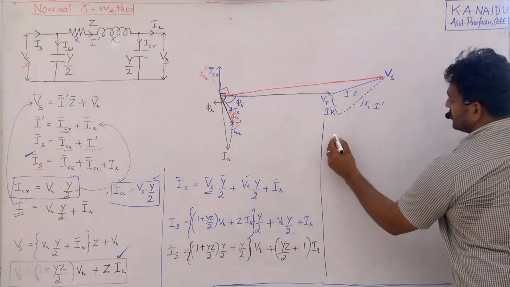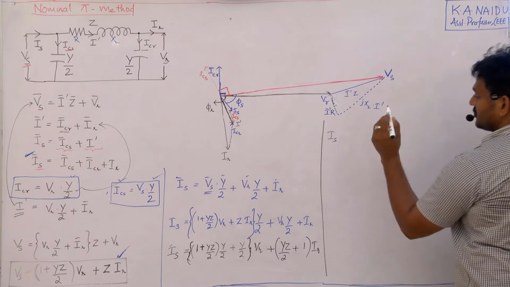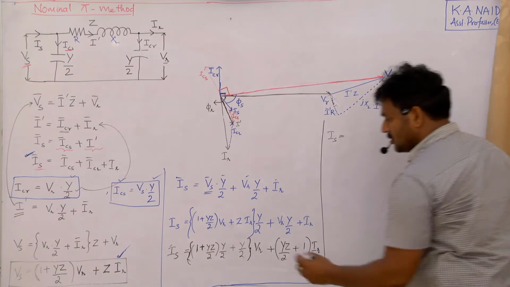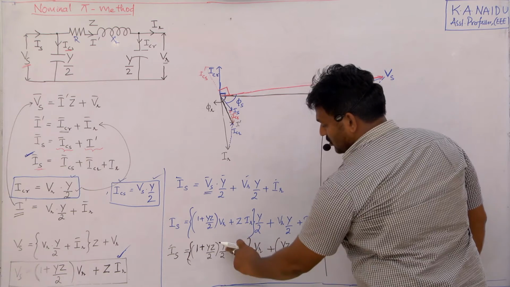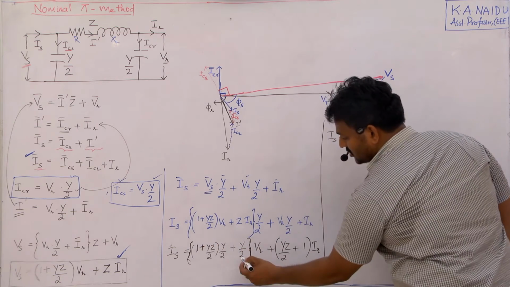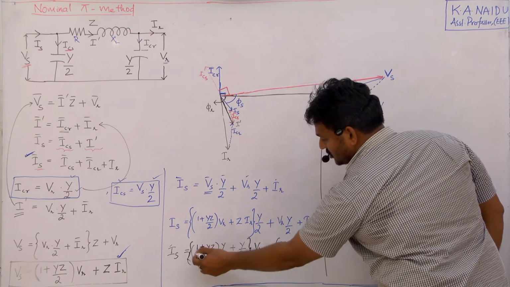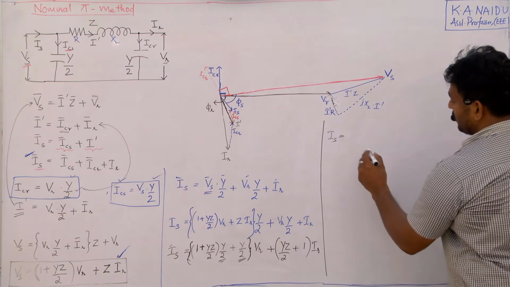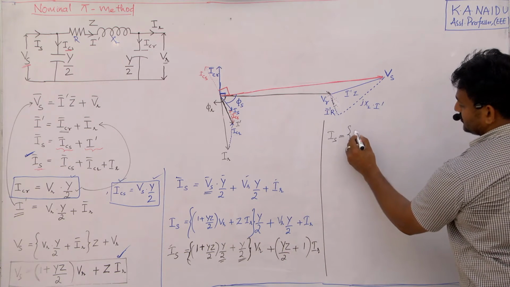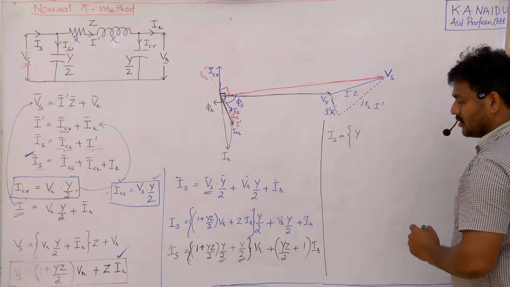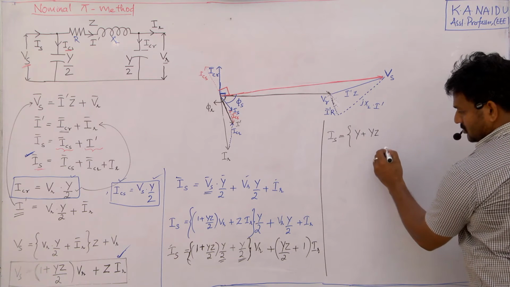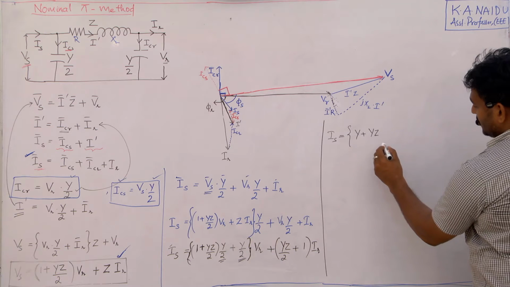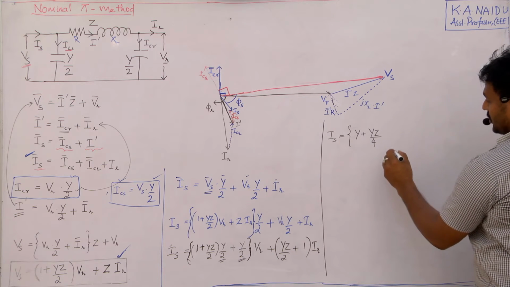Is, so I write Is is equal to 1 plus yz by 2 into yz by 2. So one y by 2 is here, another y by 2 is here. So y by 2 plus y by 2 will give y, okay, plus yz by 4 into y.